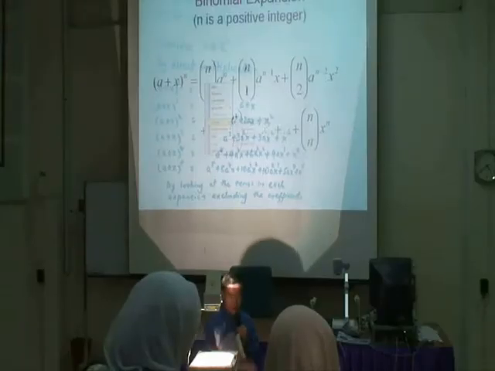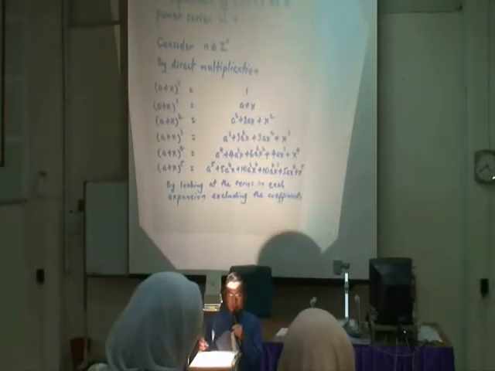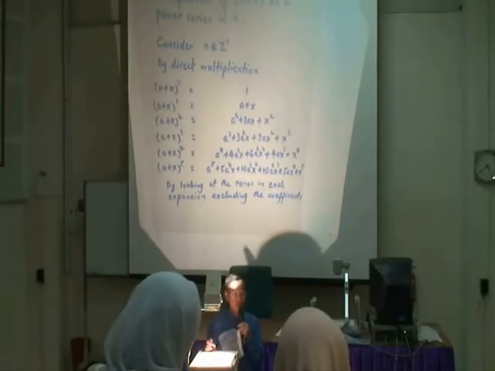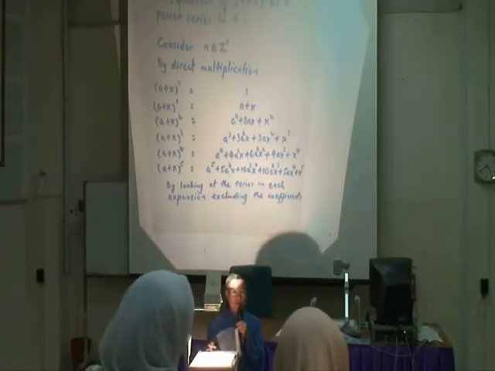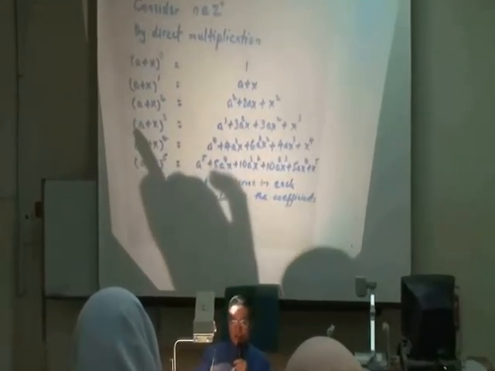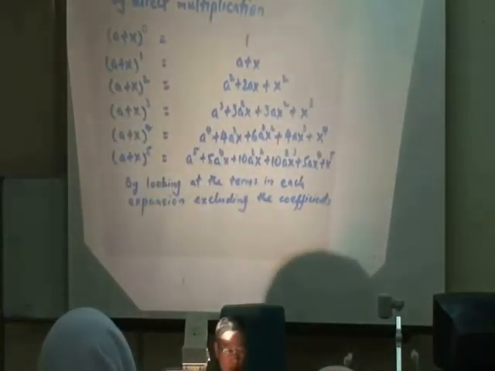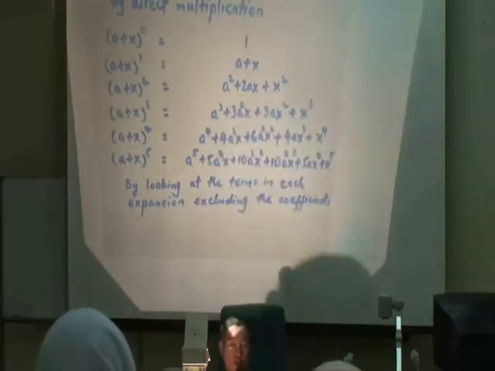So you observe that the coefficient in each expansion here is actually the combination of either a or x. For example, in the expansion of a plus x cubed, the first term is a cubed.